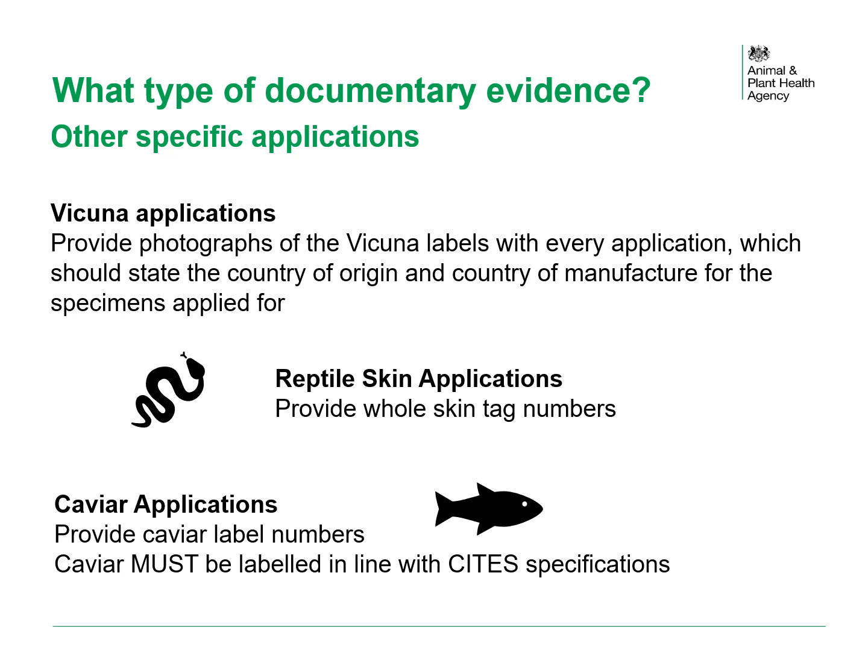If applying for reptile skins, you must provide whole skin tag numbers. If you are making caviar applications, you must provide caviar label numbers, and the caviar must be labelled in line with CITES specifications.